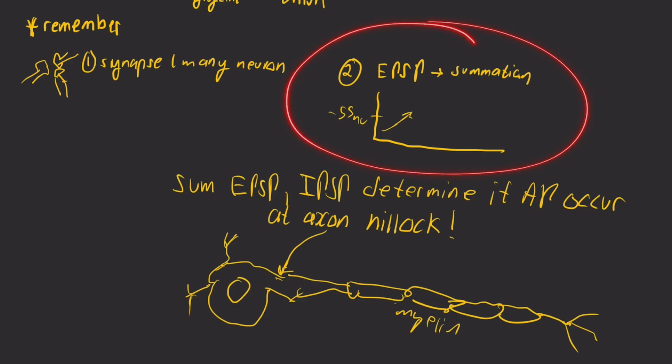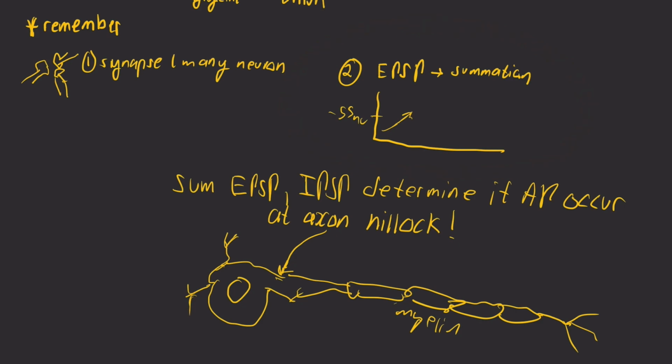What I mentioned about summation, how it's similar to the graded potential, is that if the postsynaptic potential goes through summation, and if enough area is depolarized and it spreads across this axon hillock here, we can actually have an action potential.